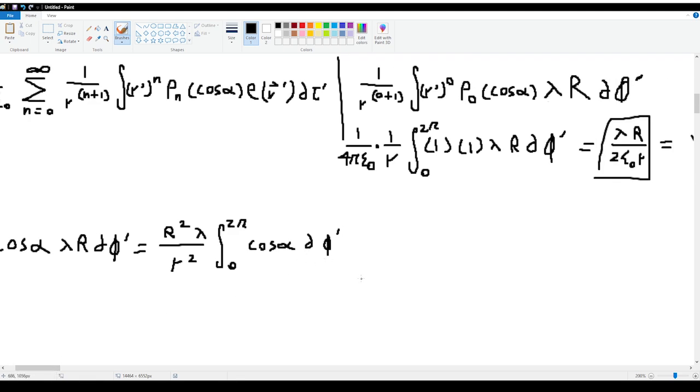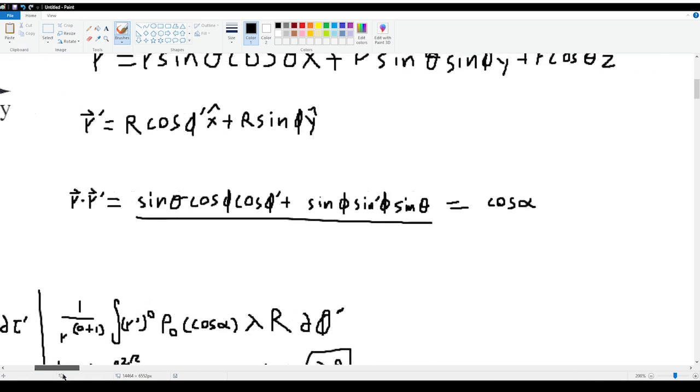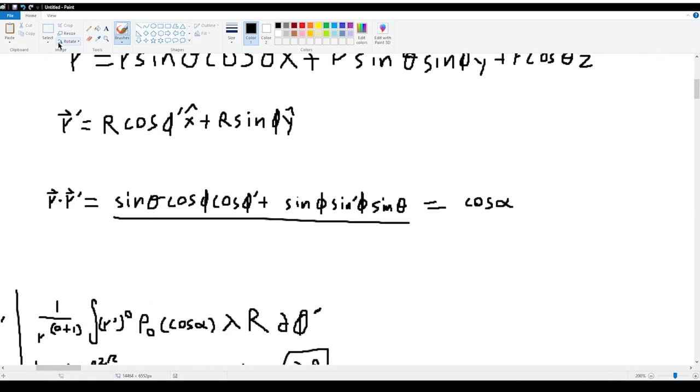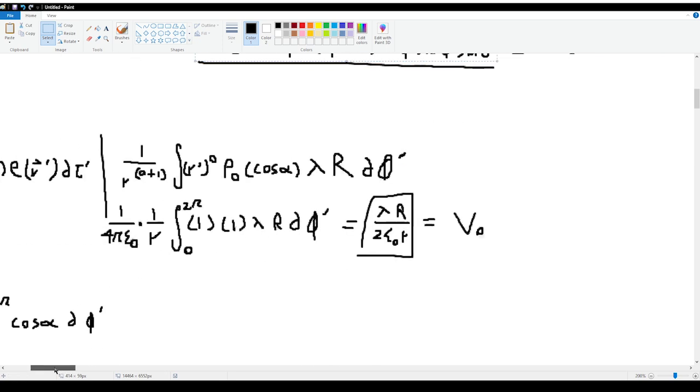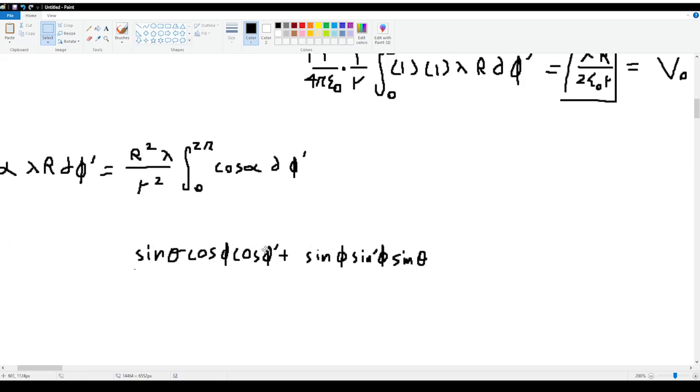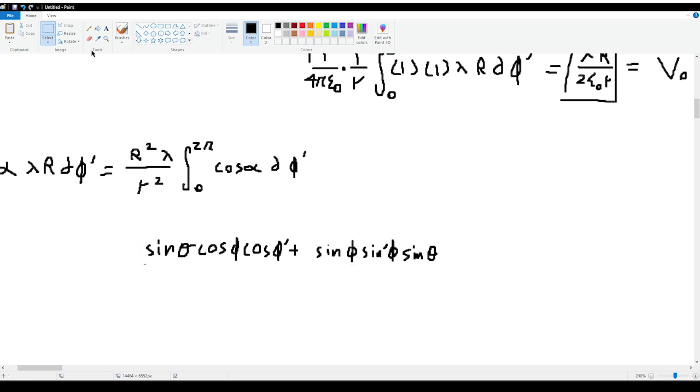So we take our definition and we plug that in. So we figured out that this is what cosine alpha is, and like I said before, we can pull out a sine theta to make it a little bit nicer looking. And so this is what we plug in for cosine alpha.